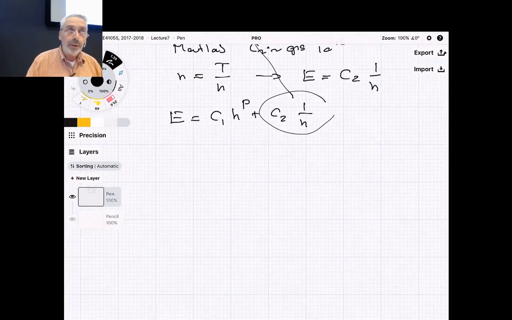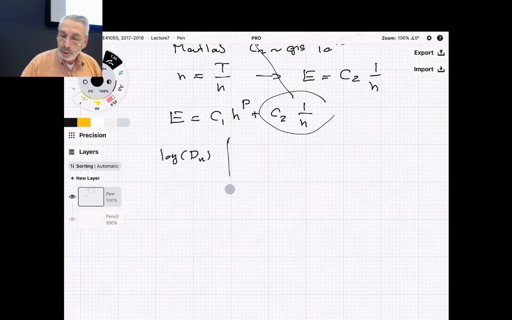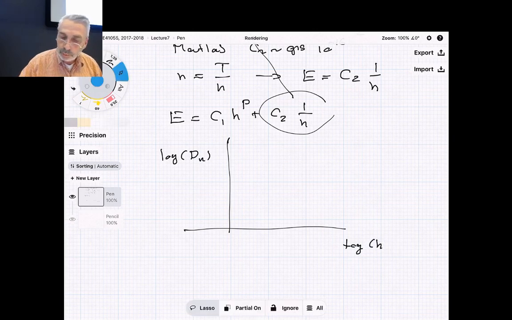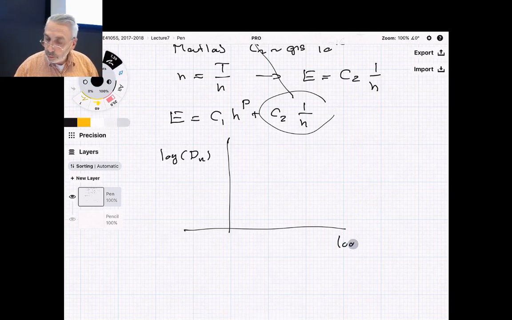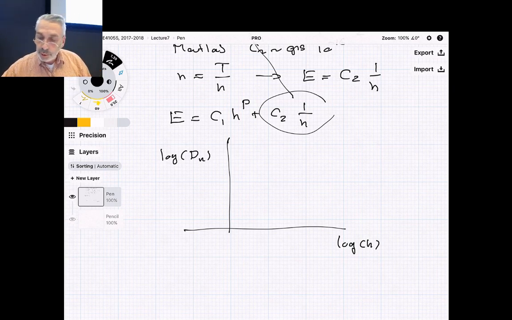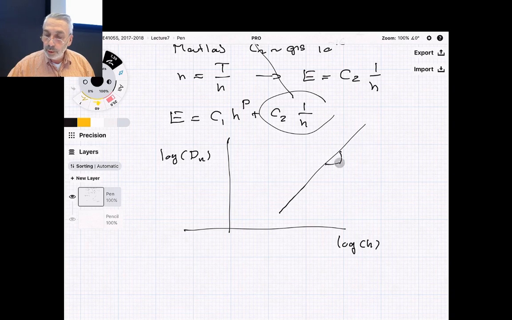The best way to plot this is not on a linear scale, but on a log-log scale, of course. So if we plot the log of this difference as a function of the log of the step size, then of course we get a line in this region which has an arctangent p as its slope, because that's this part.